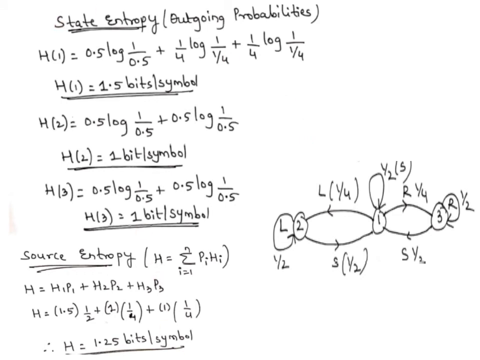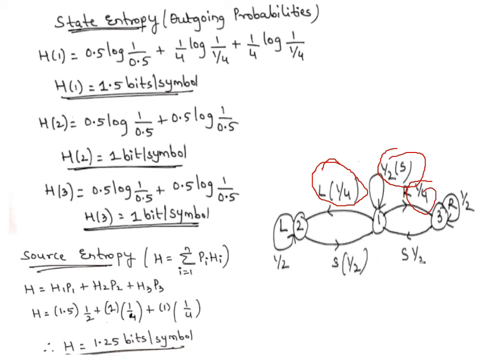So in order to compute state entropies, we have to consider outgoing probabilities. State entropy at node 1. The outgoing probabilities are 1 by 4, 1 by 2, and 1 by 4.